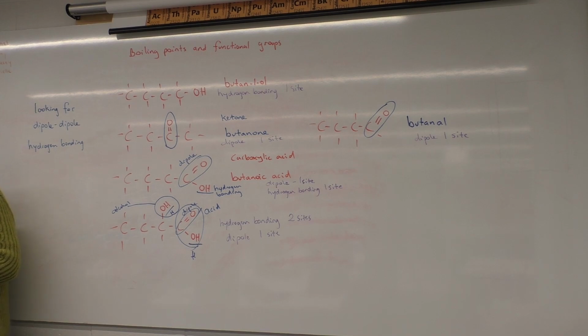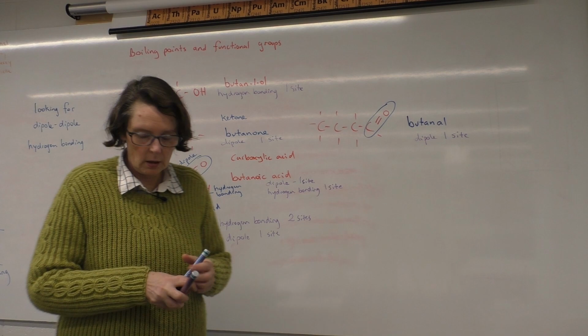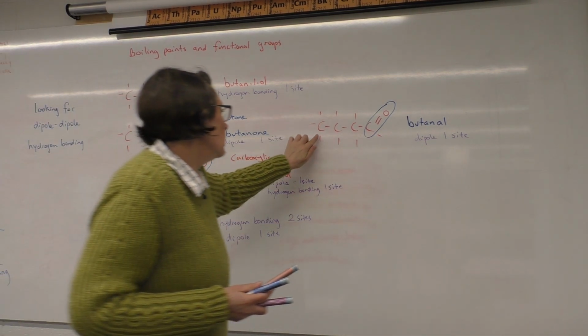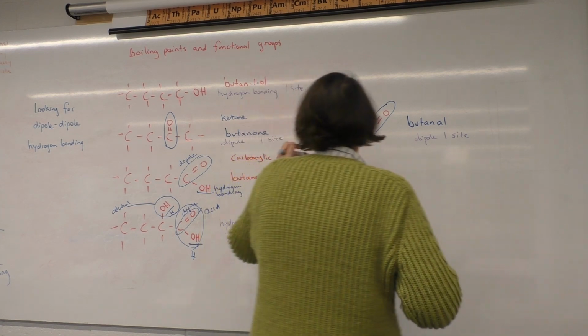So if we had a molecule, would we ever come across a molecule that had like 2 dipoles on the end? Well, you could. You could have 2 dipoles. In fact, just say, if I have this one, and I could have something like this.